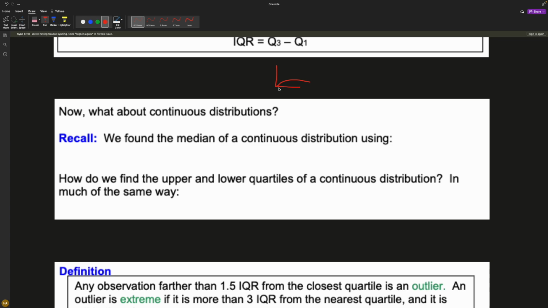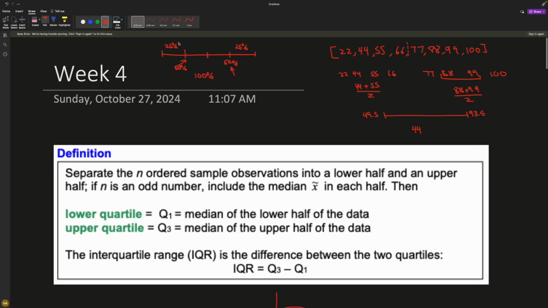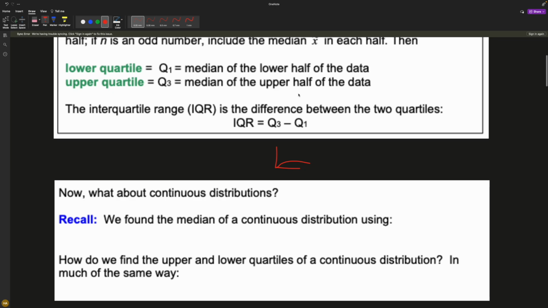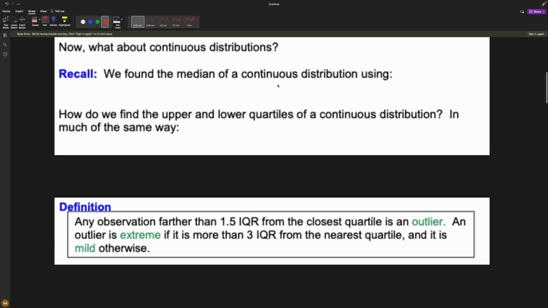Well, we know we're looking at our point at 25% and our point at 75%. So how do we find the upper and lower quartile of a continuous distribution? In much of the same way. Remember before, if we integrated from some number to m of f of x dx and made it equal to 0.5, it gave us the midpoint.